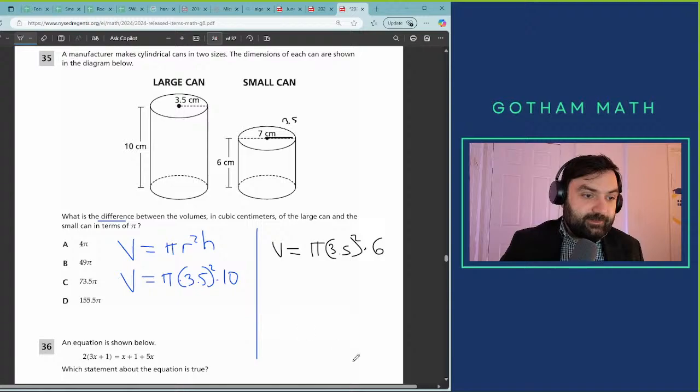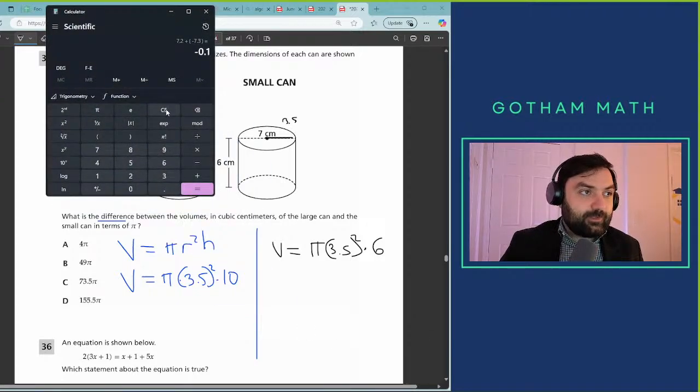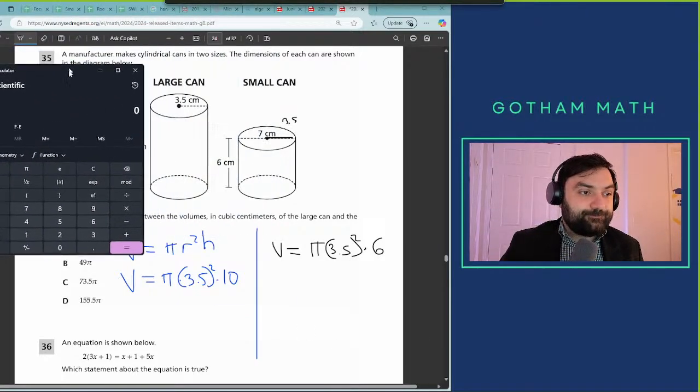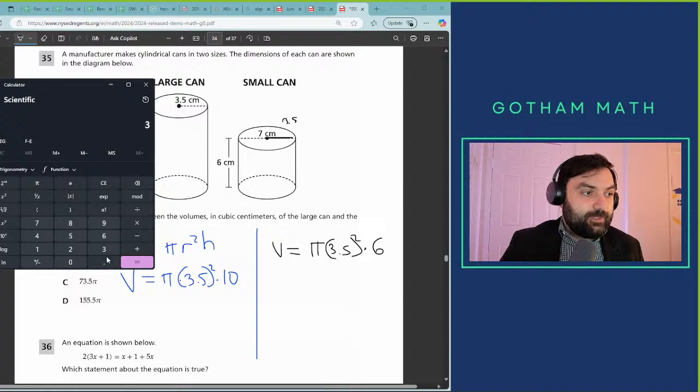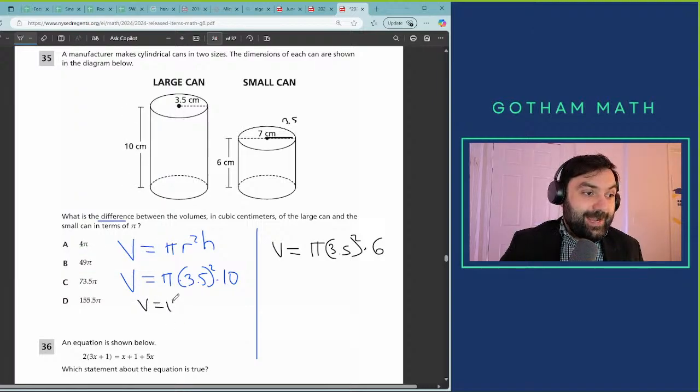And let's just calculate. The rest is just calculator work. So 3.5 squared times 10, obviously, is 122.5 pi.